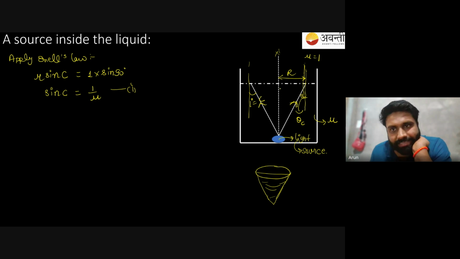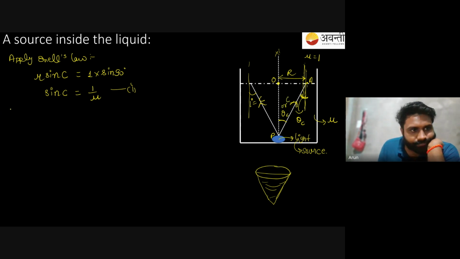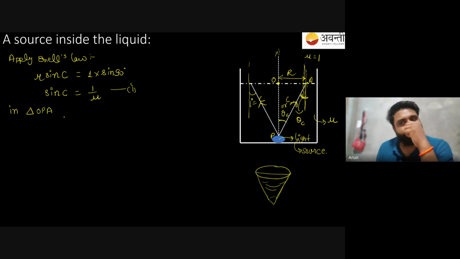Now, if you see in this triangle, I consider this point as O, this point as P, and this point as, let's say, A. So in triangle OPA, what is the value of this angle? Again, this is the formation of a Z. If this angle is theta c, this angle would also be theta c or C. Now what values are known to us?